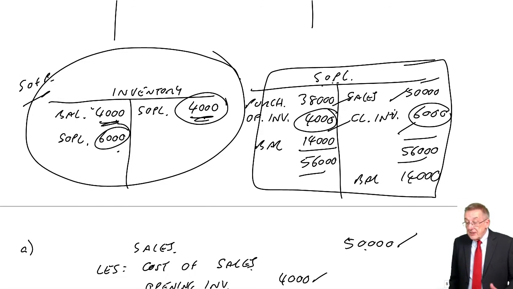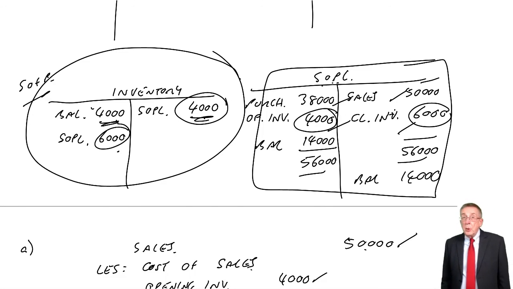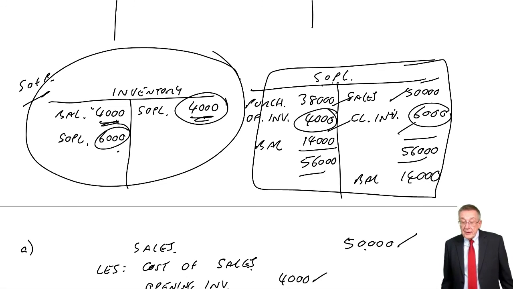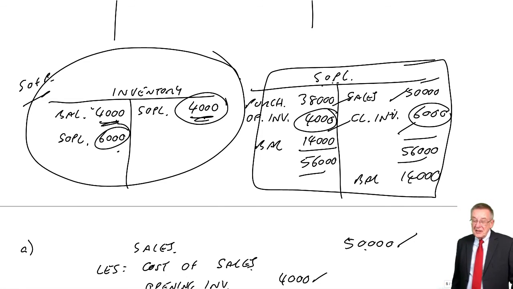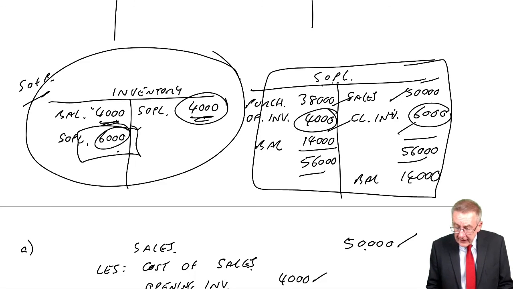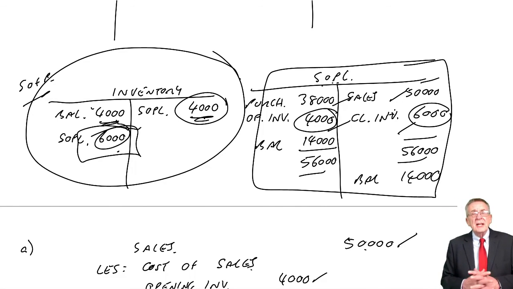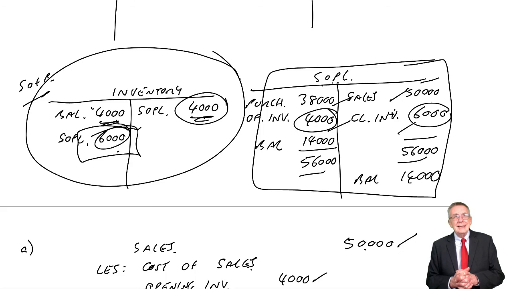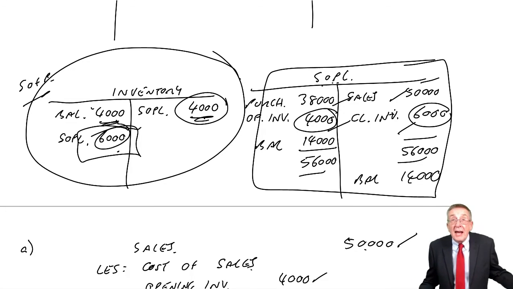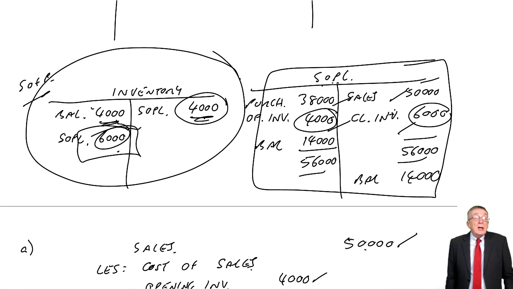All right, there are the debits and credits. Far more important, though, for exam questions, it's not the debits, credits. That's easy. We can learn that. But the question is, where does that figure come from? How do we know what the closing inventory is? It says so in the question. In real life, it doesn't just say so. Well, we go around and count it.